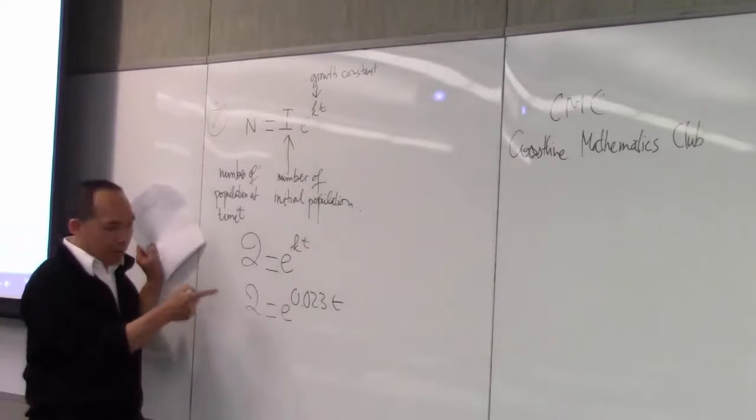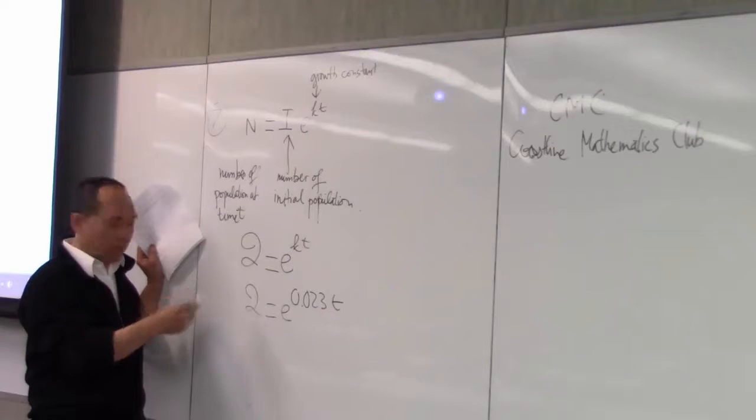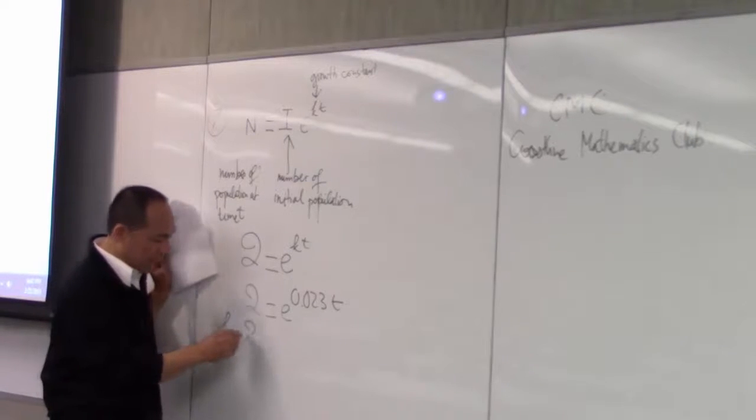Now if you have this, how do you find t alone? You take the natural log of both sides.